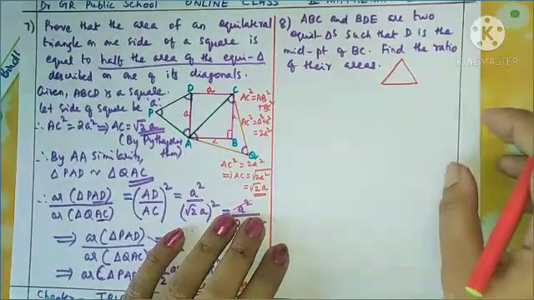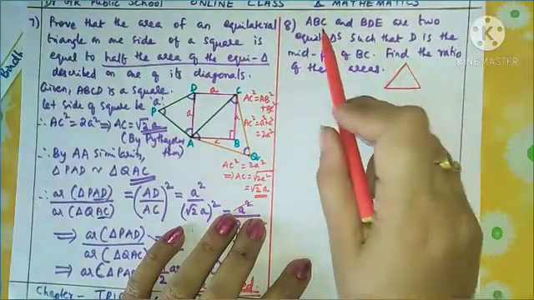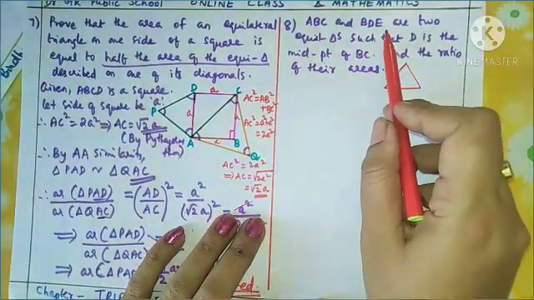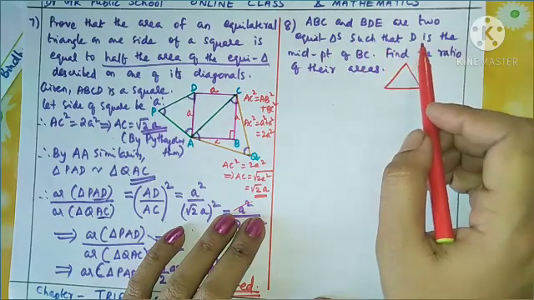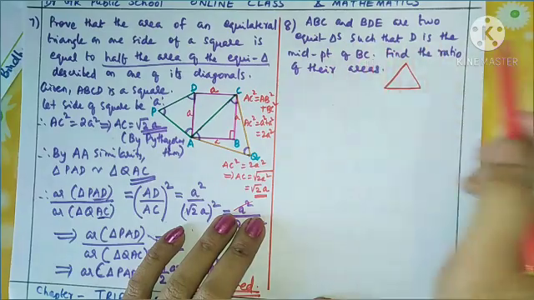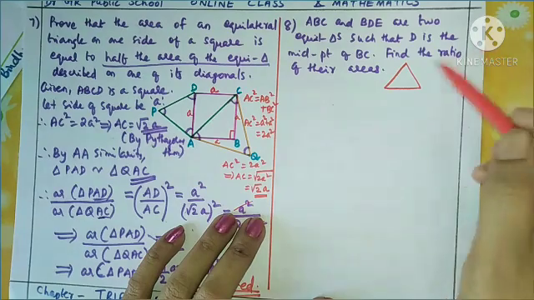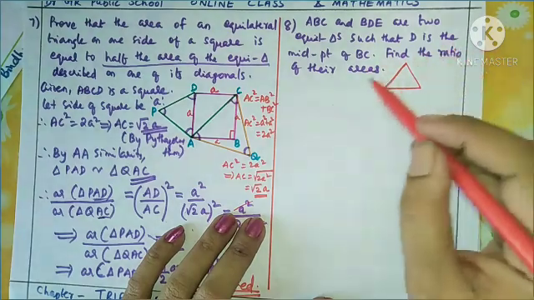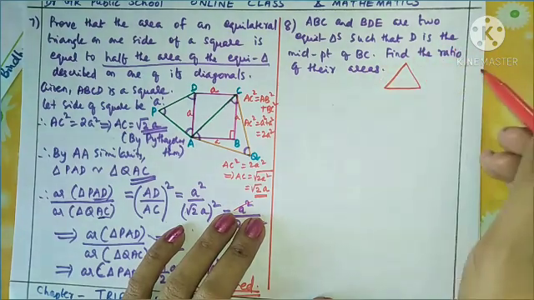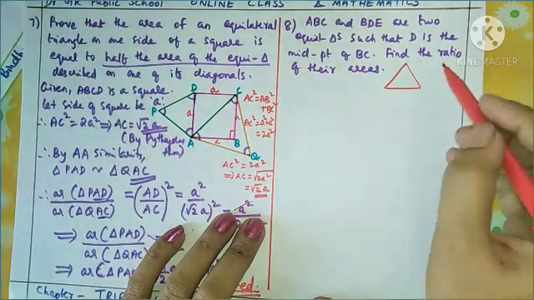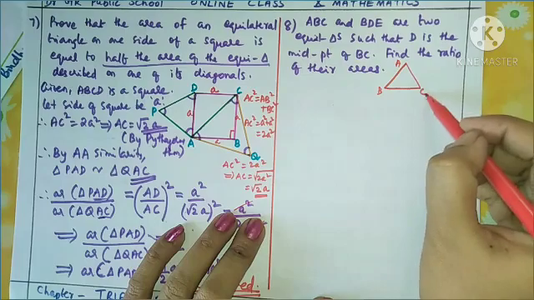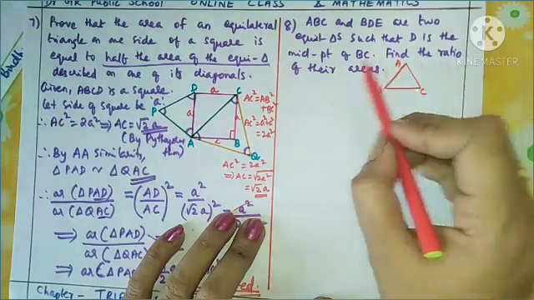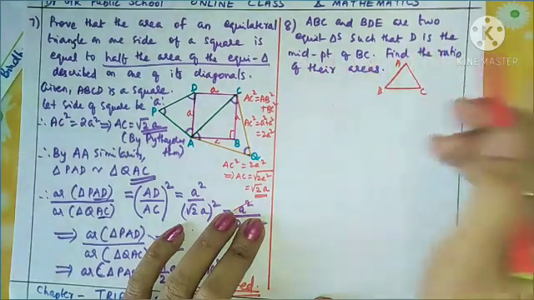Now see one more question, children. ABC and BDE are two equilateral triangles such that D is the midpoint of BC. So here two triangles are there, ABC and BDE. Taking triangle ABC as one triangle, D is the midpoint of BC.